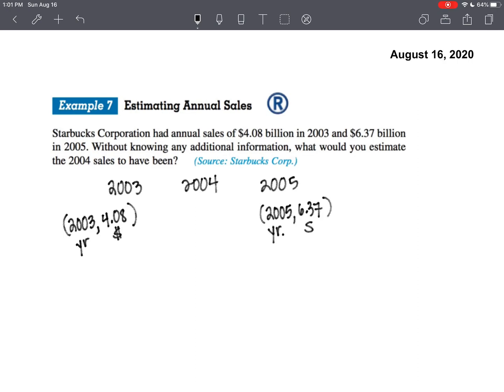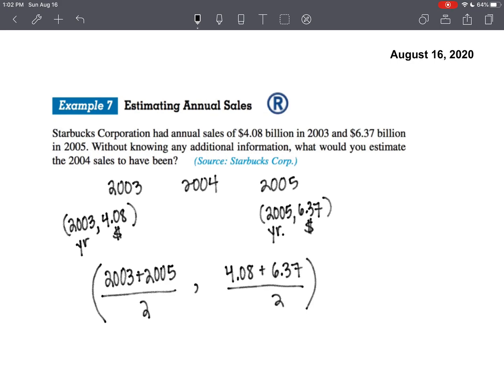Again, the year and the dollars in sales. 2004, I would think that that would be halfway, right? So 2003 plus 2005 divided by 2, that would be our x coordinate. And then our y coordinate would be 4.08 plus 6.37 divided by 2.